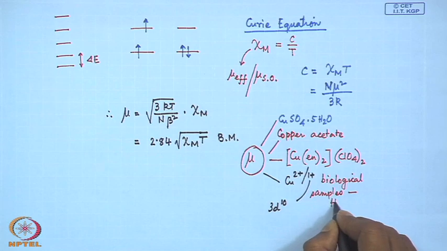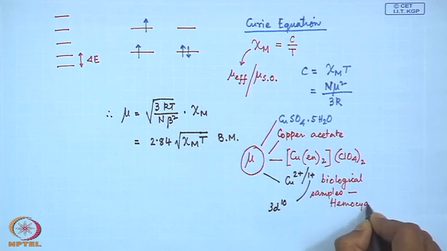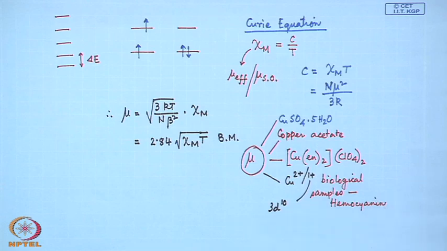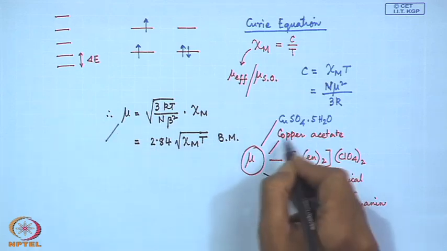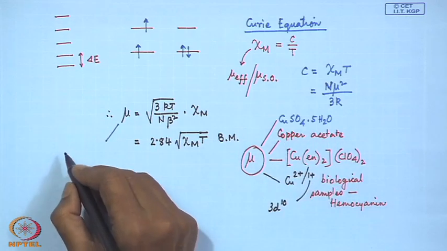These are such as in hemocyanin. In hemocyanin type of molecules we can have the copper center, and that copper center can give some paramagnetic behavior that we can determine very easily. Whatever this mu value we determine is that of a single molecule.